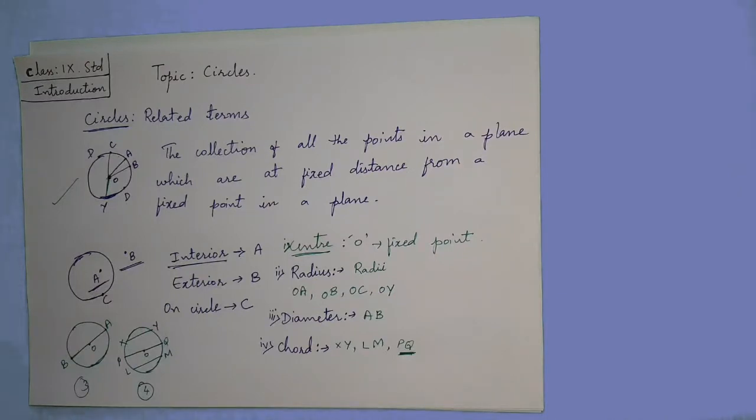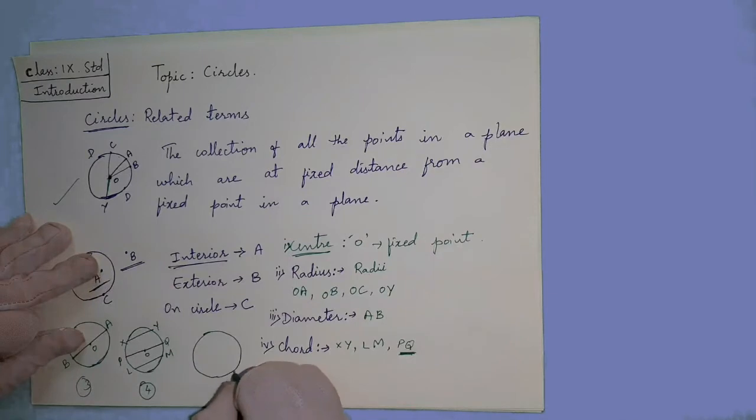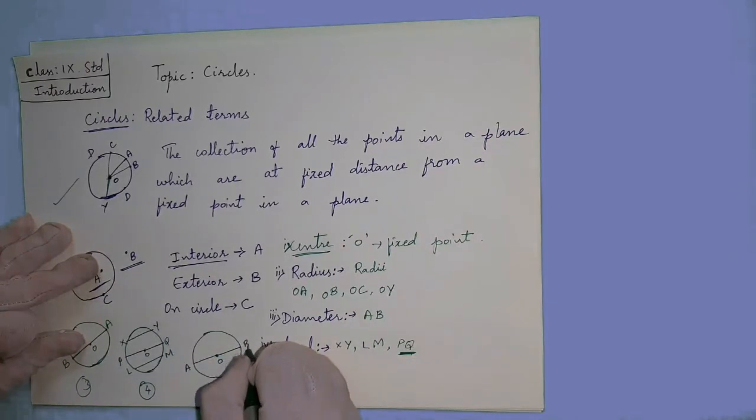And when we are saying this term diameter, diameter will be twice the radius. So if suppose you are having a circle, here the center is O and the diameter is AB, and the diameter I am taking here as 5 cm.